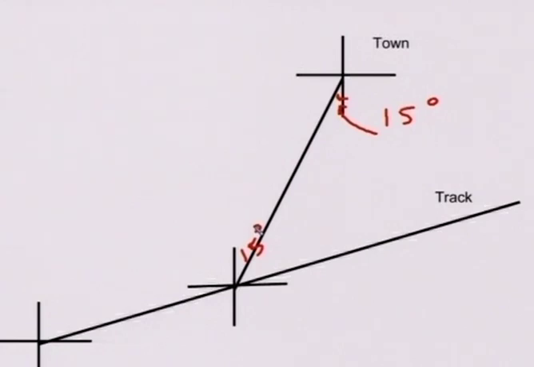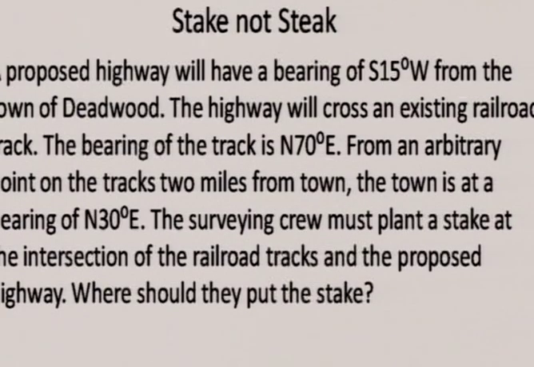But I do know that by putting in a 15-degree angle here and here, I can start to see some of the things that might be important. Now, another piece of information that we had was that the bearing on the track was north 70 degrees east. So I'm going to take one more piece of information and put it in here.